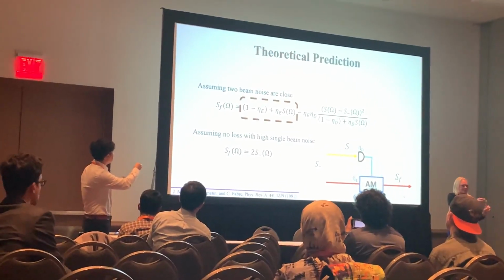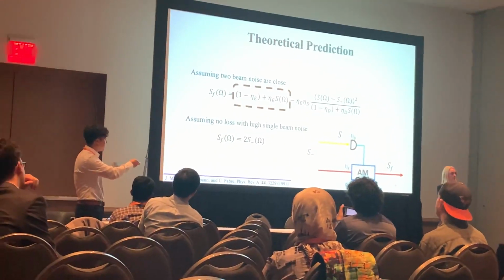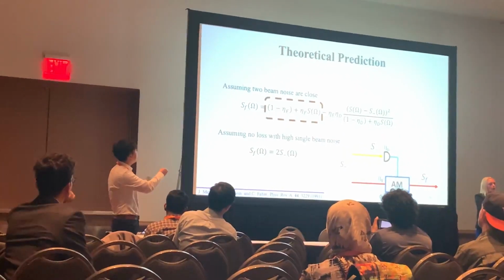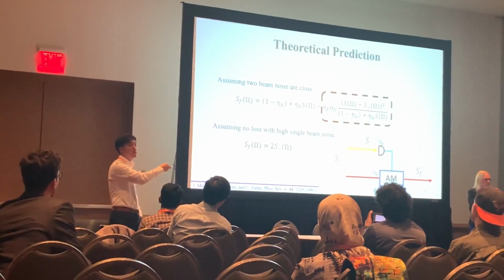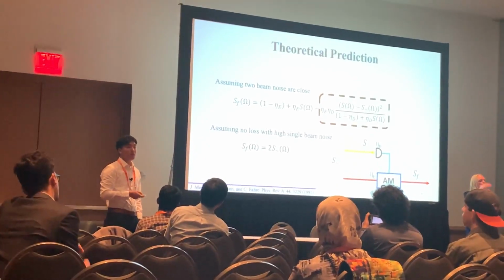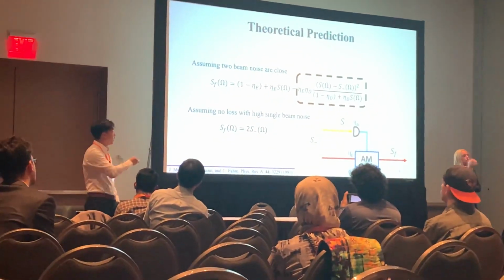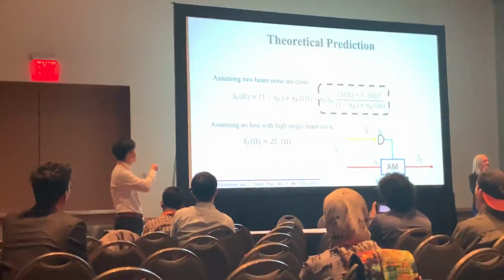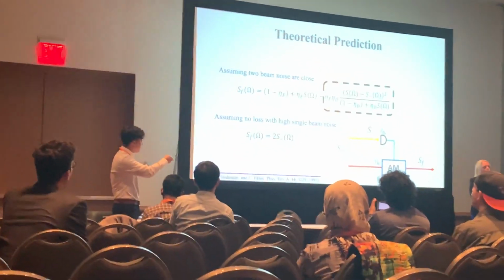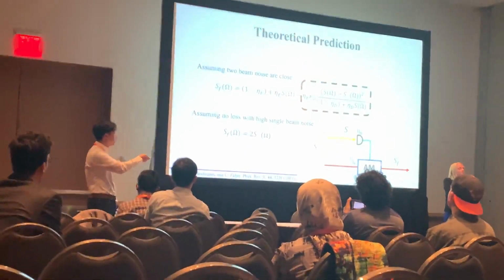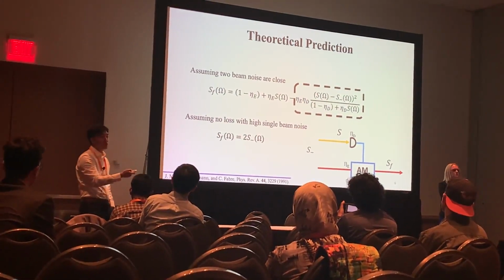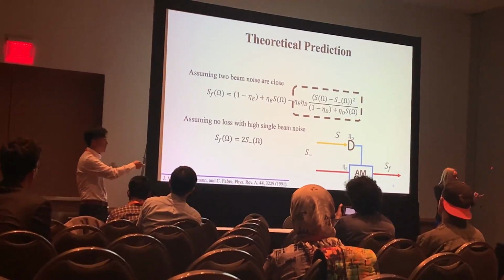The first term is simply the coupling of the feedforward losses to the vacuum as vacuum noise, and the second term is the noise reduction from the feedforward. In the ideal case, with perfect transmission of the feedforward and perfect detector efficiency, we expect the absolute noise before and after the feedforward to be the same. We can perfectly transfer all the noise, and we should get the same noise before and after.